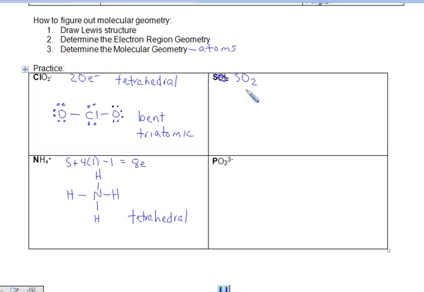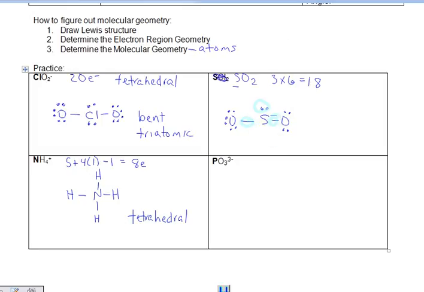Let's try sulfur dioxide. This should be your Lewis structure for sulfur dioxide. You have a total of 18 electrons. If we count the regions, and let's go ahead and highlight those, we have 1 region here, we have another region here, we have another region here.